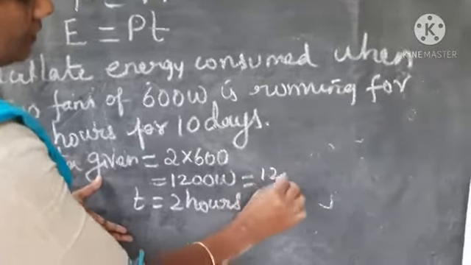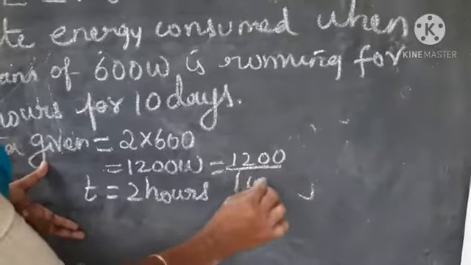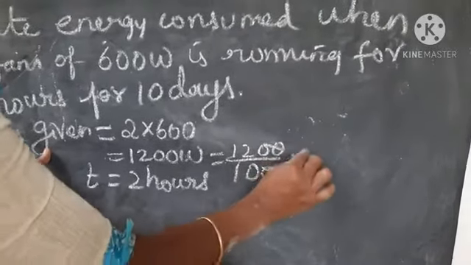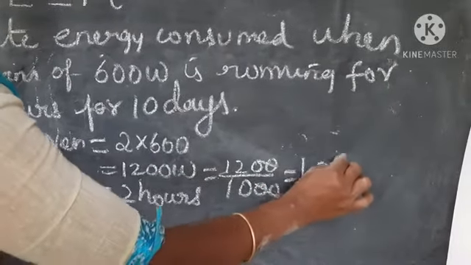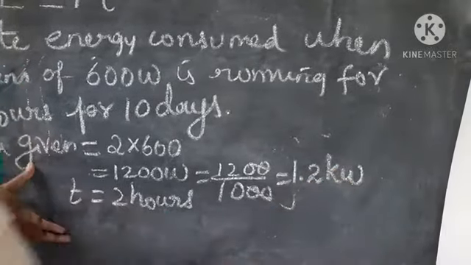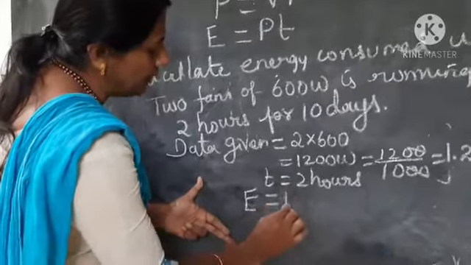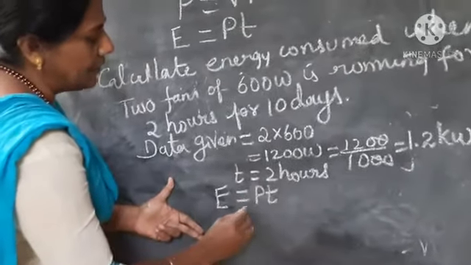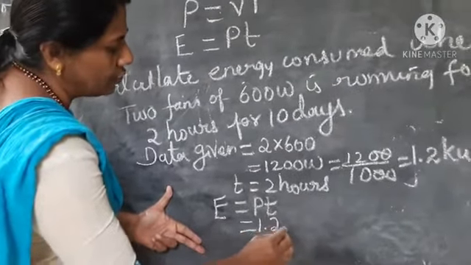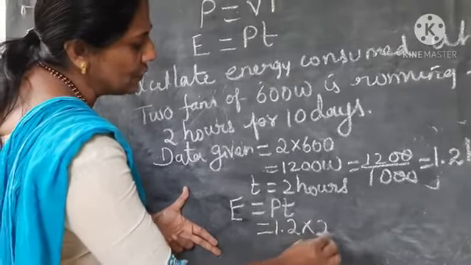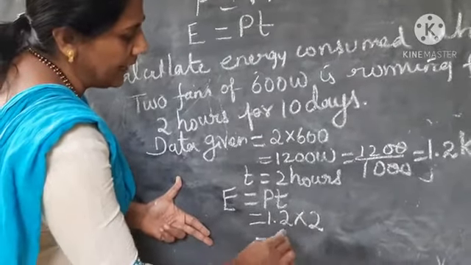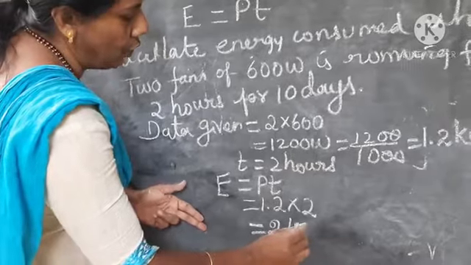So 1200 divided by 1000, what will be the answer? It is 1.2 kilowatt. Now you write the formula. E is equal to P into T. So P is 1.2 and T is 2. So now the answer is 2.4.